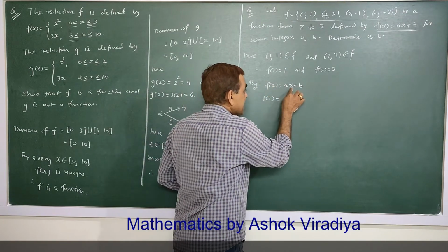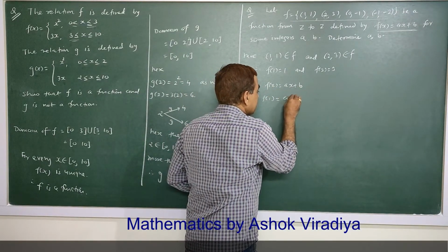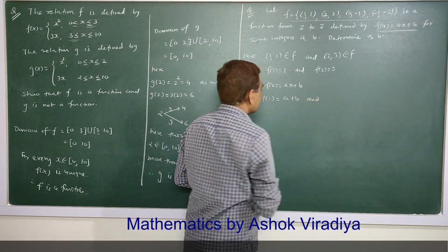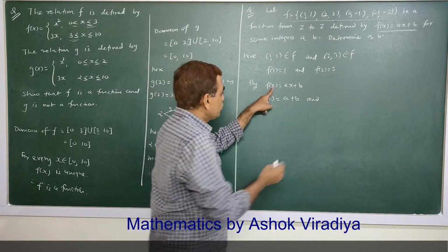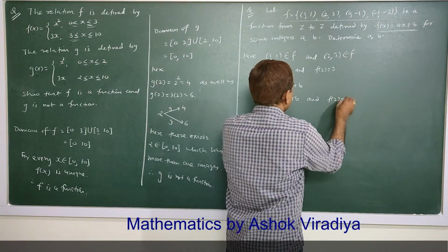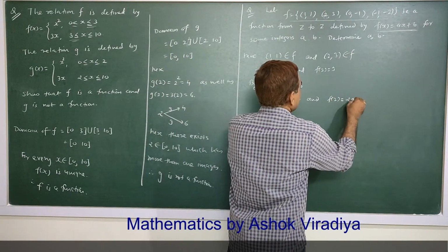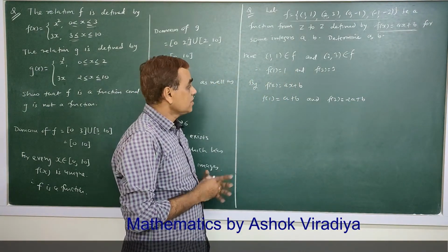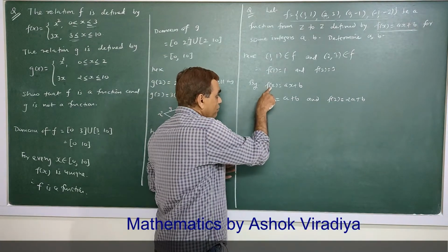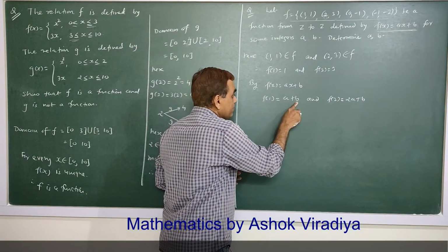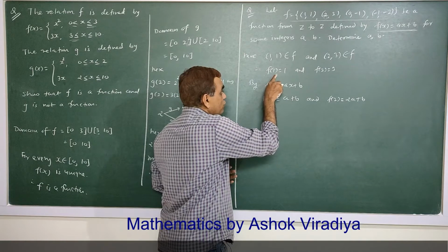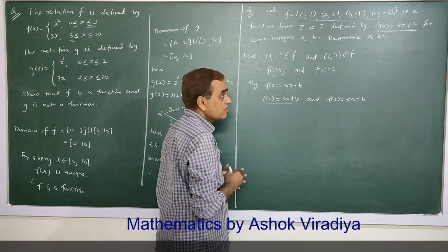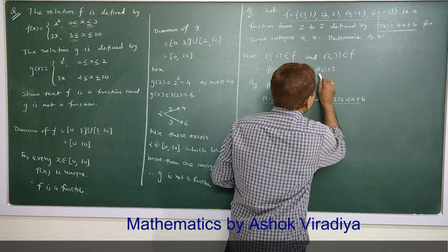F of 1 is a into 1 plus b, that is a plus b, and if we put here 2, f of 2 is 2a plus b. So by the formula, the image of 1 is a plus b, by the set, the image of 1 is 1. Now we are comparing these two values. Similarly we compare these two values.